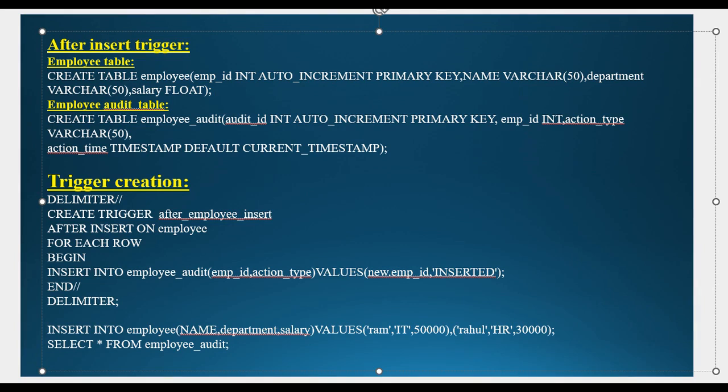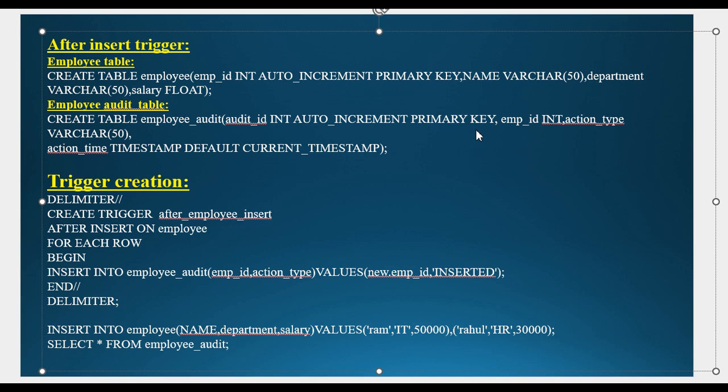Hello everyone. In this session I am going to explain the after insert trigger. An after insert trigger automatically executes after a new row is inserted into a table. It is commonly used to maintain audit or log tables and copy inserted data into another table.